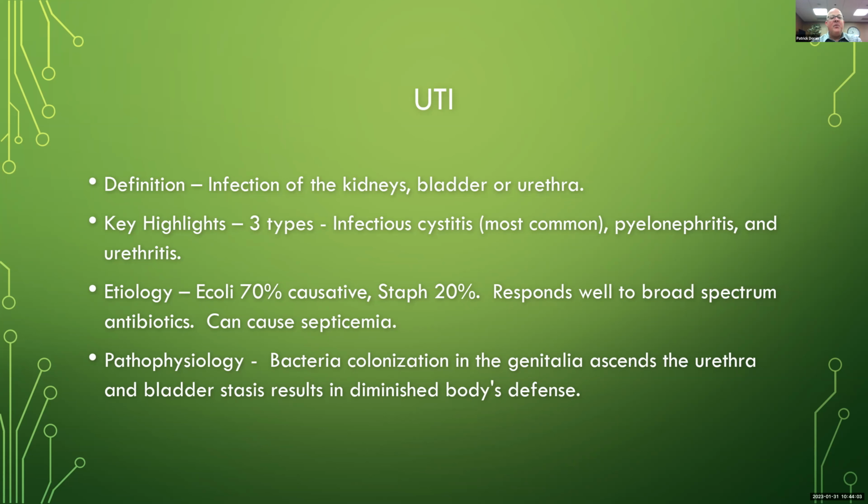We have three types. We have infectious cystitis, which is the most common. That's simply a bladder infection, right? A urethral infection, and that's our typical, I have a UTI type symptom, okay? Pyelonephritis is where things transcend up the ureters into one or both kidneys.